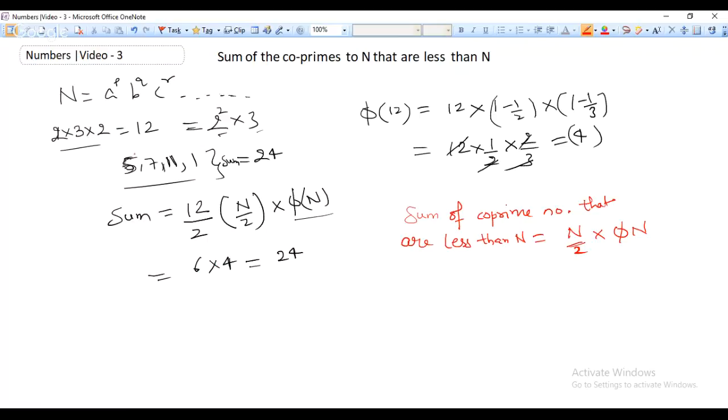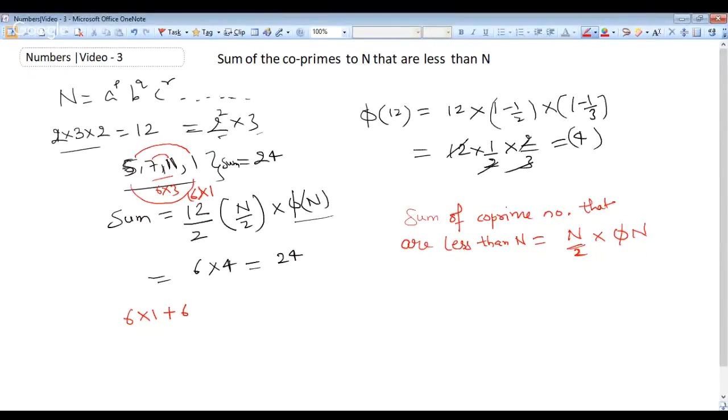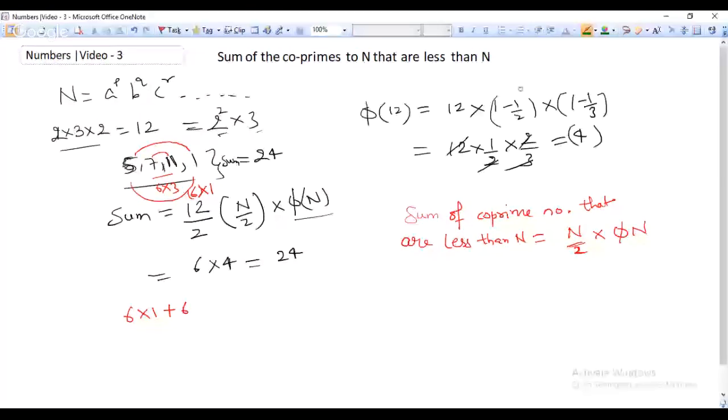We are noticing that 5 and 1 come out to be 6, and 7 and 11 come out to be 6 into 3. So that gives us four numbers of 6. That means the middle number will come as 6 into 1 and this is 6 into 3.